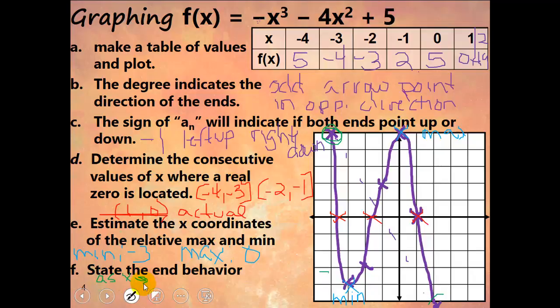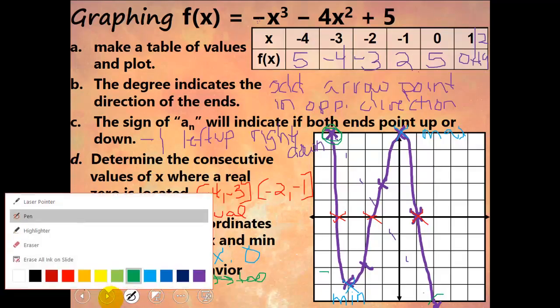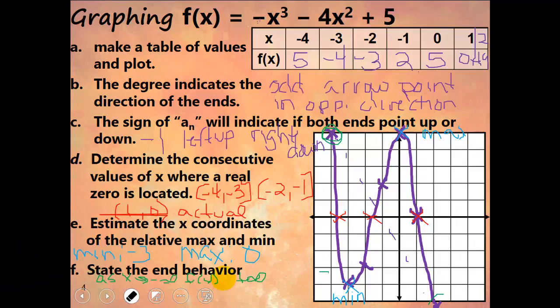As x goes to -infinity, f of x goes to positive infinity. And then as x goes to positive infinity, f of x is going to -infinity. Sorry, I had to squeeze that in. If you want to ask me questions about that in class tomorrow, I understand completely.